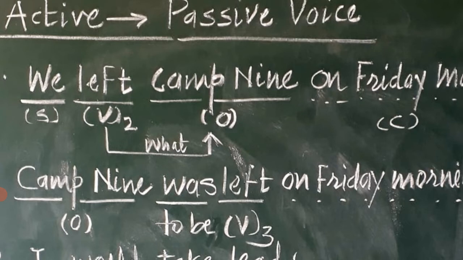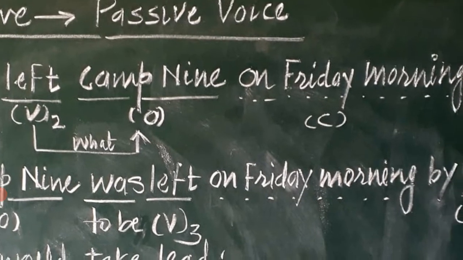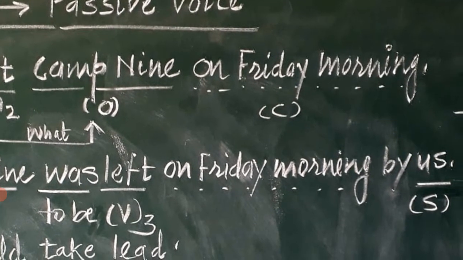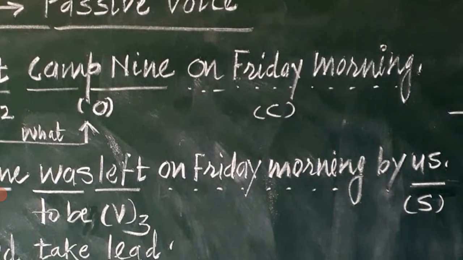So afterwards I have written was as the to be form for past tense. Later, the action verb left, but of course it is now not in the second form, it is in the past participle form, or in short V3. Later, Friday morning, which is a complement of the sentence, and finally it is attached by the preposition by.